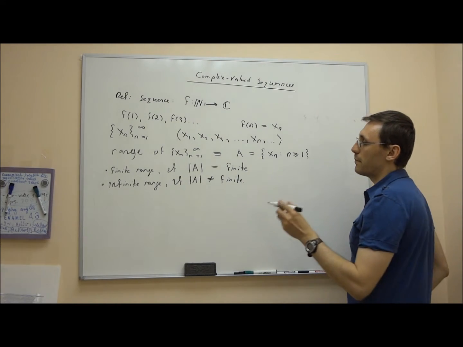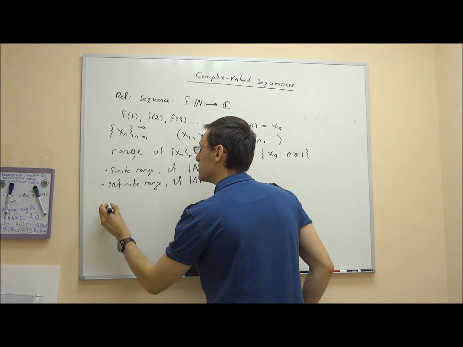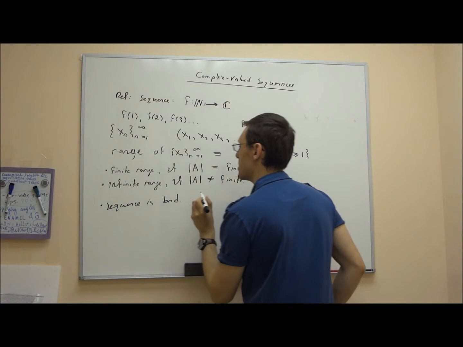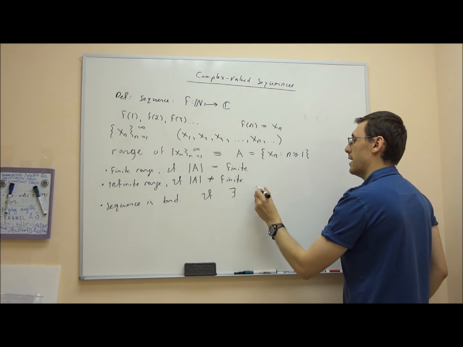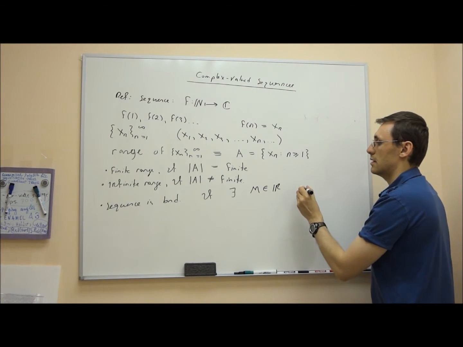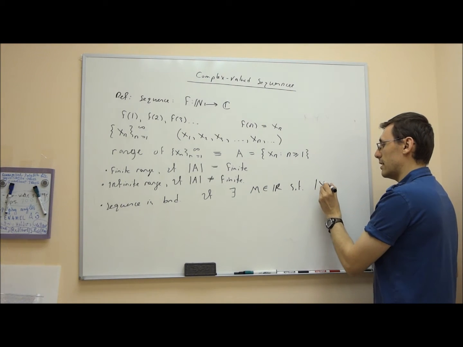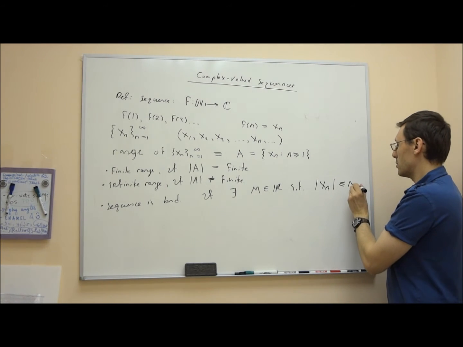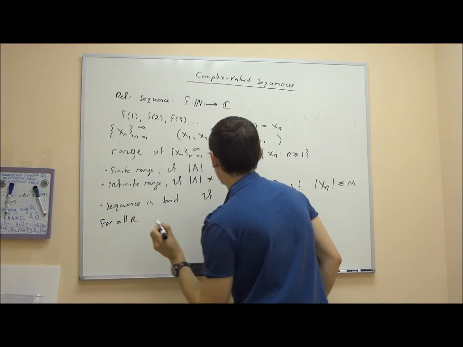The sequence is said to be bounded if there exists a number M in R such that the absolute value of x_n is smaller than or equal to M for all n.